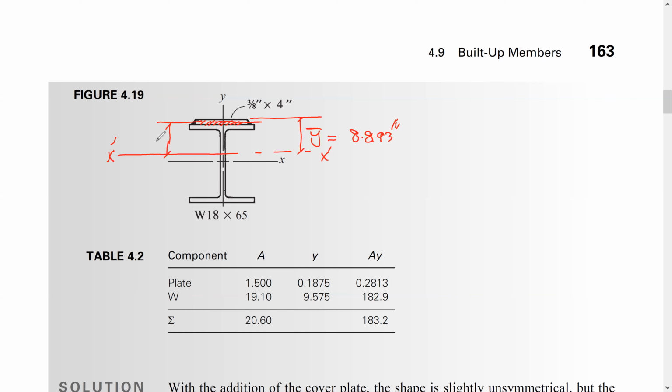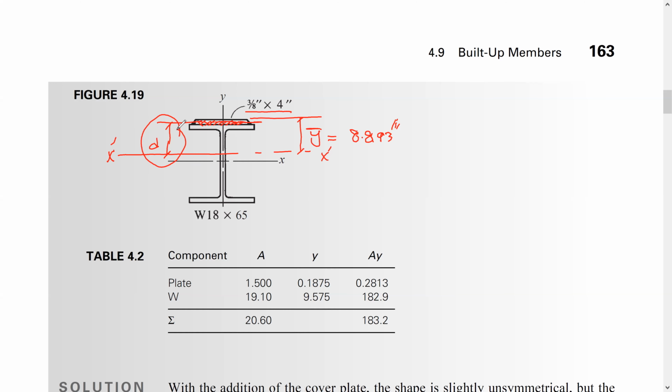So this is the D, this is the area. For the centroid of the rectangle, it's BH cubed divided by 12 plus the area, which is 3/8 times 4, times D squared. For the wide flange, same.